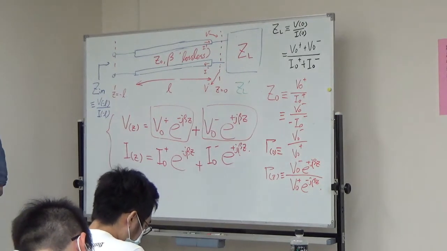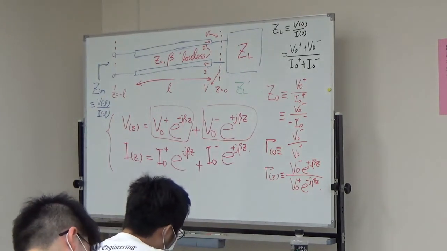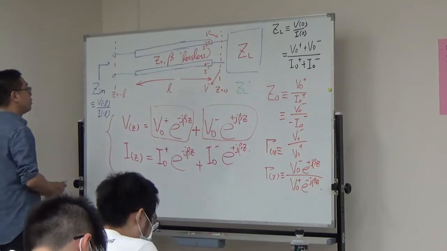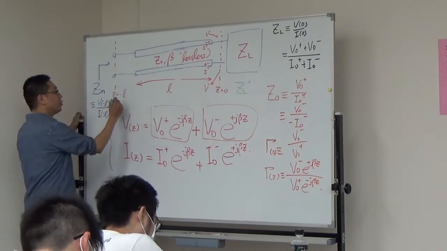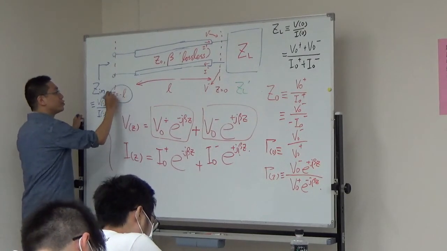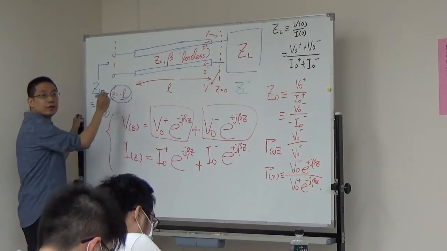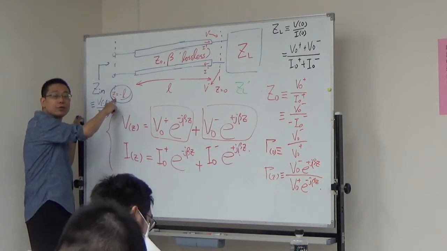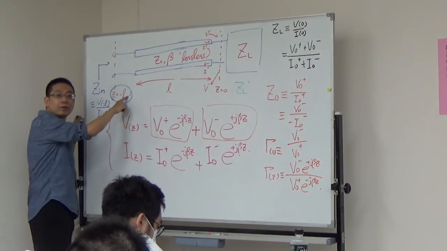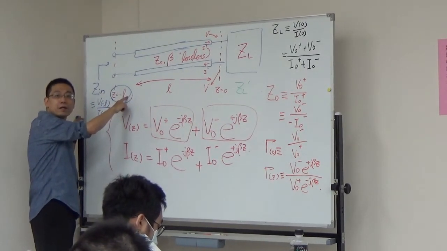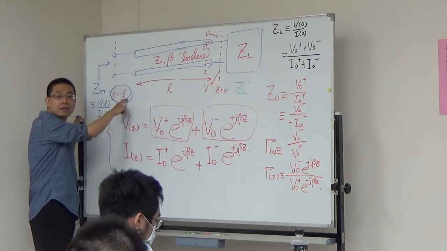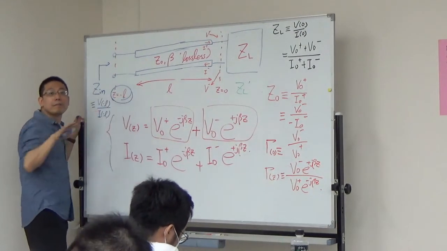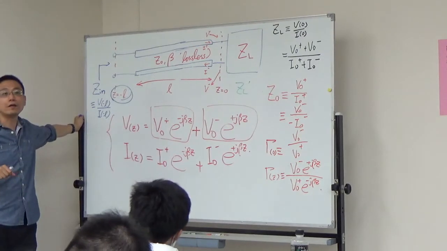So we can change the notation: you don't use Z, you use L, and L is minus Z, or Z is minus L. This one may be easier, okay?